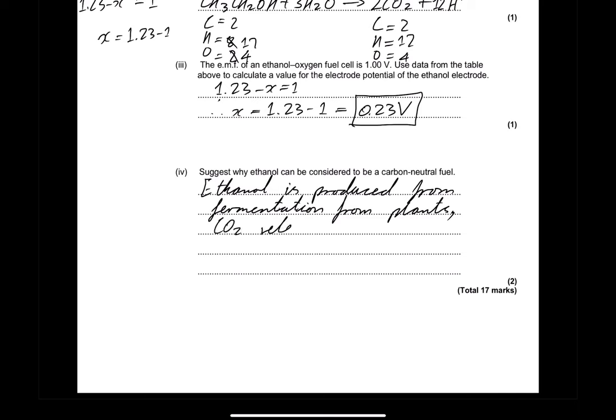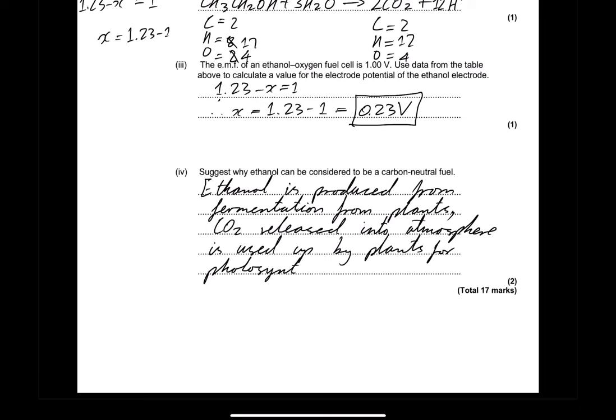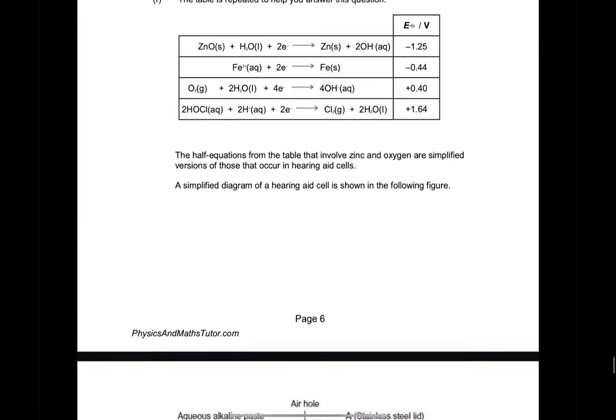CO2 released into the atmosphere is used up by plants for photosynthesis. Right.